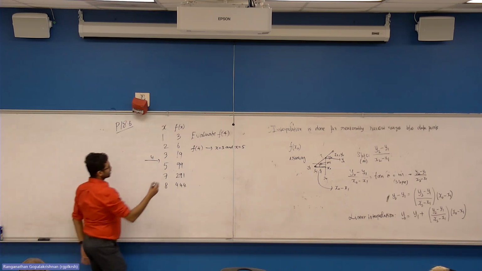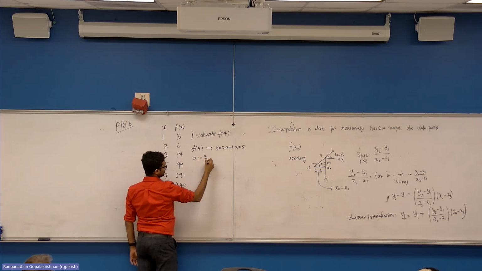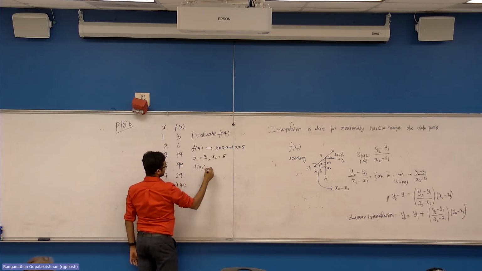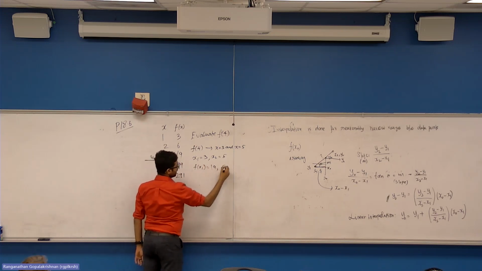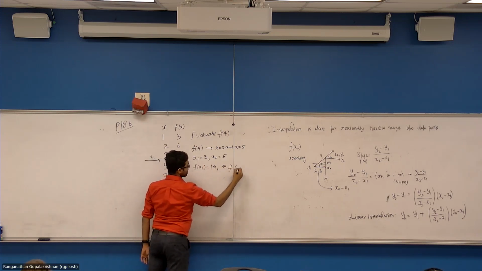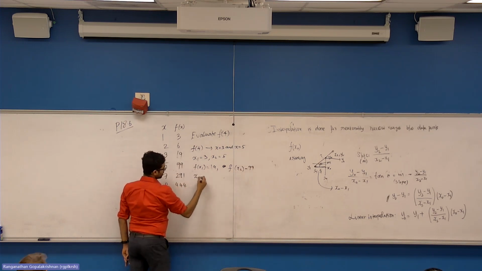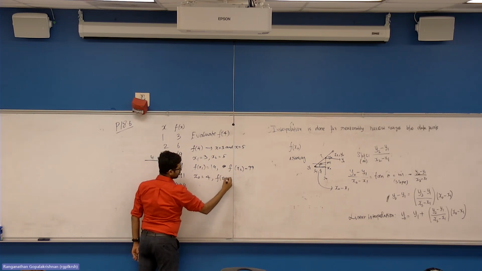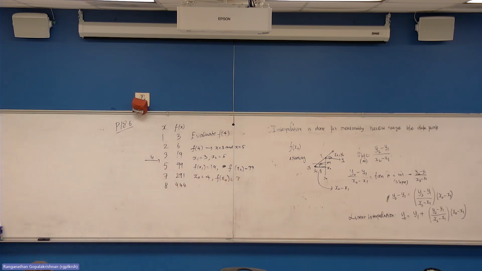So x1 in this formula here is 3, x2 is 5, f of x1 is given as 19, f of x2 is given as 99, and x naught that we are interested in is 4, and we are interested in f of x naught. This is the calculation to do.